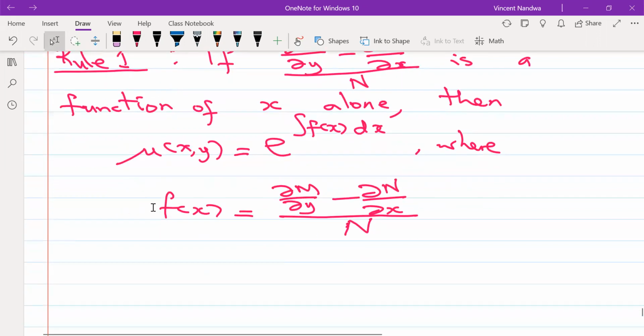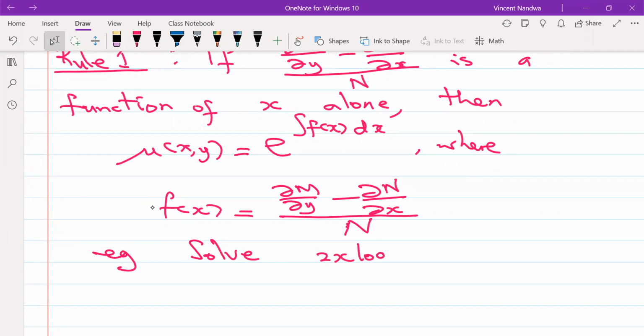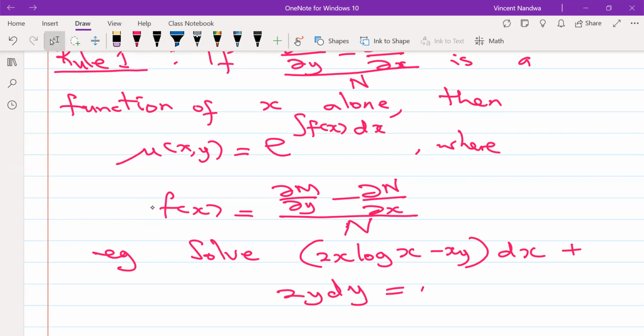So for example, solve (2x log x minus xy) dx plus 2y dy equals 0.